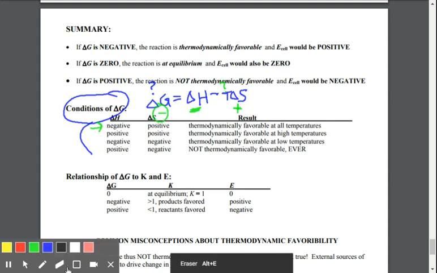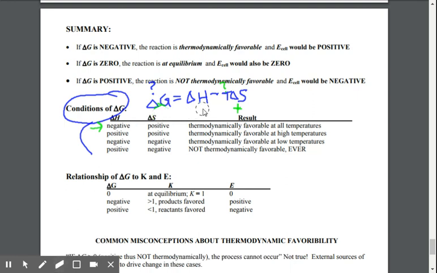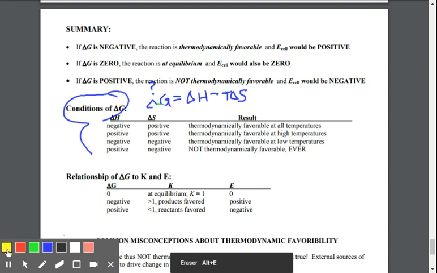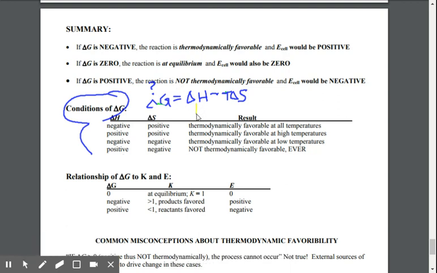If I'm dealing with a positive delta H and a positive delta S, temperature is going to be a factor in that scenario. So let's plug those values in. Let's say delta H is positive, delta S is positive as well. So overall right here, we get a positive quantity.